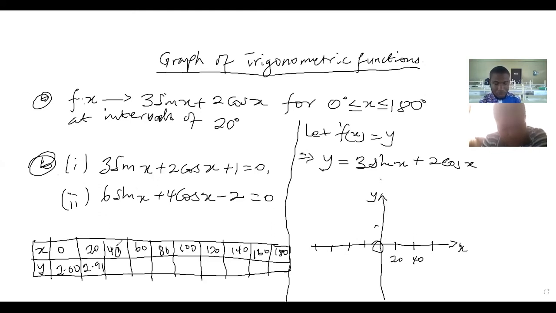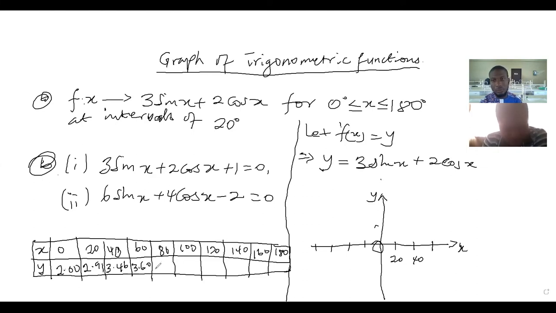The next one, which is 3 sine 40 plus 2 cos 40, I had 3.46. Then 3 sine 60 plus 2 cos 60, I had 3.60.